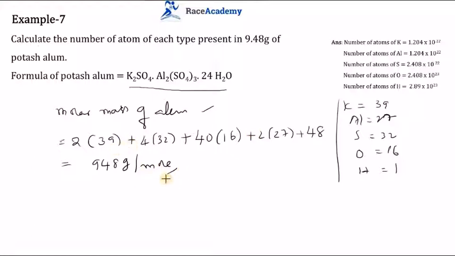So 948 grams per mole came in the calculation, which means now we can easily calculate the number of particles of each type.